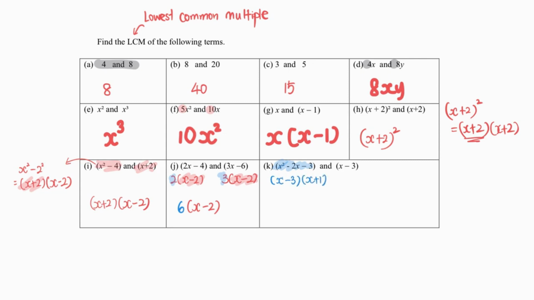You will immediately see that x minus 3 is already within this bracket. So the lowest common multiple here would then be simply x minus 3, x plus 1.